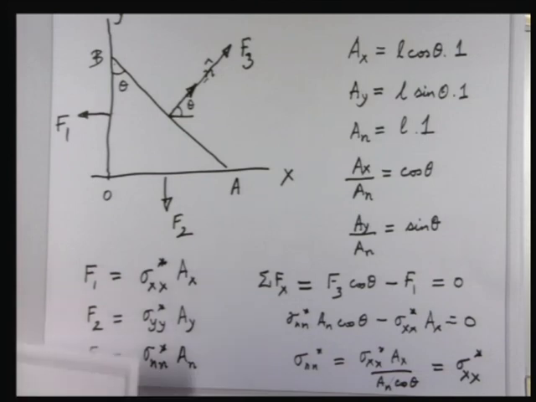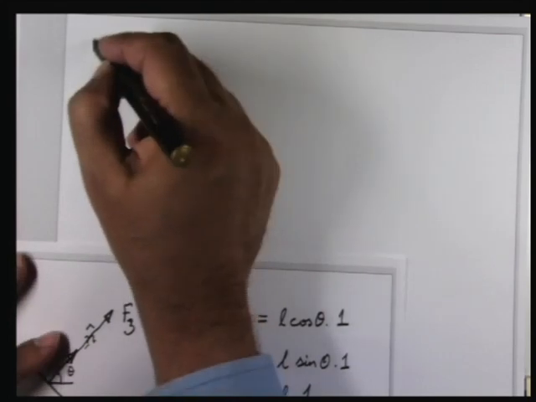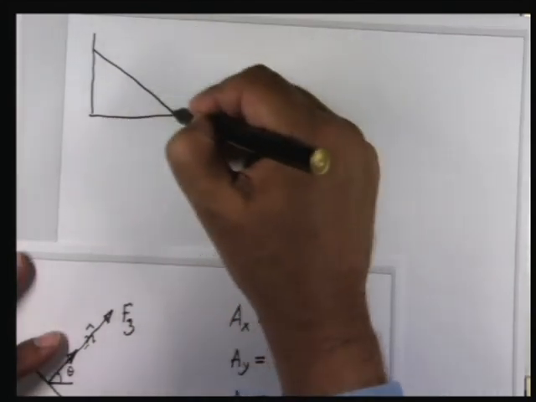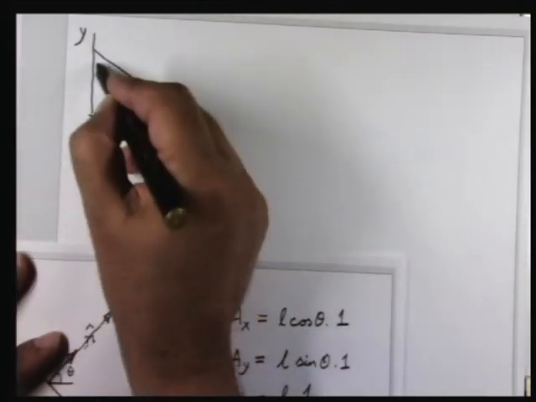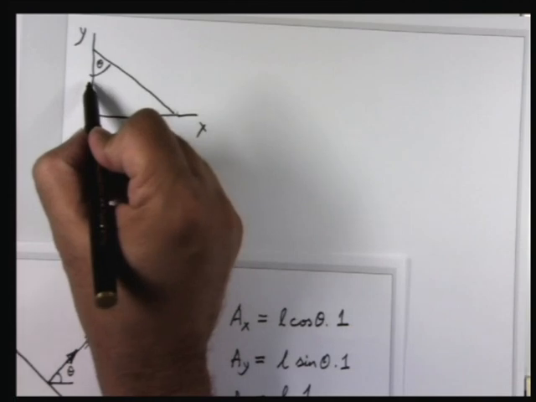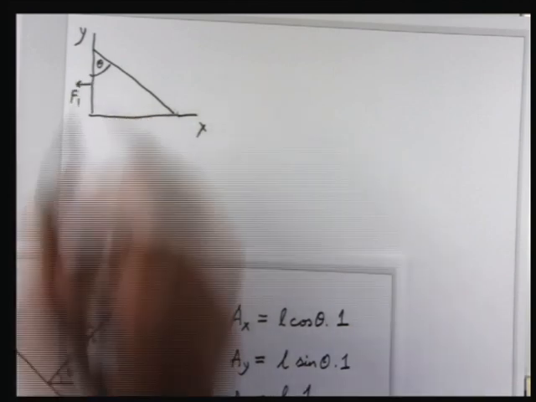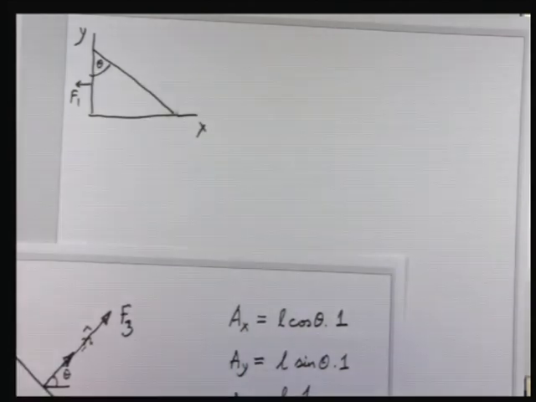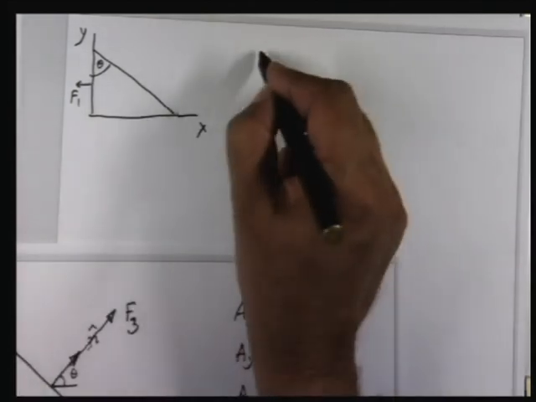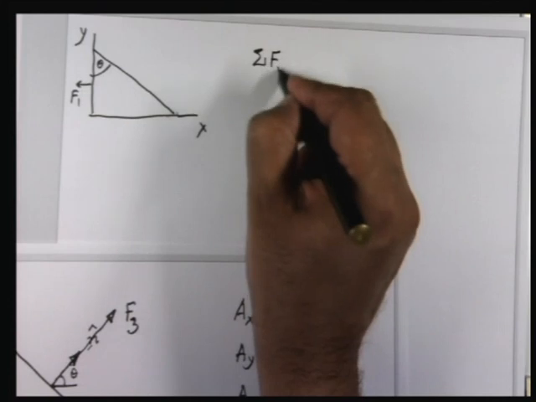Now similarly you can do a sum of forces in the y direction. So let me draw that figure again. This is the horizontal direction, this is the vertical direction. This angle is theta. This force I call F1. So this surface force will not contribute to the sum of forces in the y direction. Now I want sum of forces in the y direction.